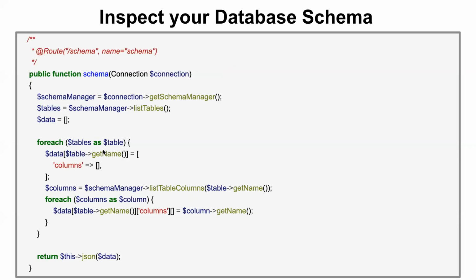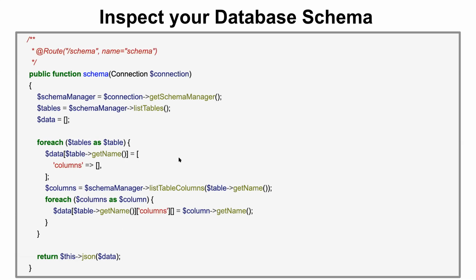And each table object has an API that lets you inspect information about that table. So you can see here that I list the tables, I loop over all those tables, and I build up an array of data where the key of that array is the name of the table, and then I loop over all of the columns in that table and populate an array called columns with the name of the columns.